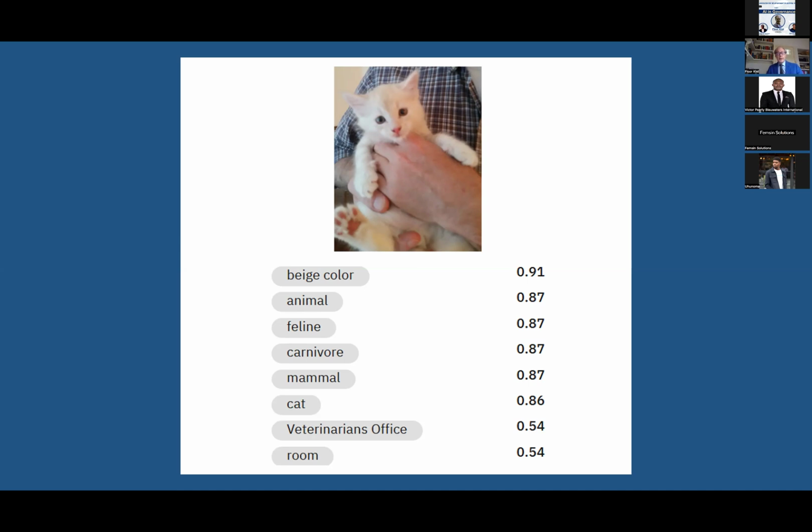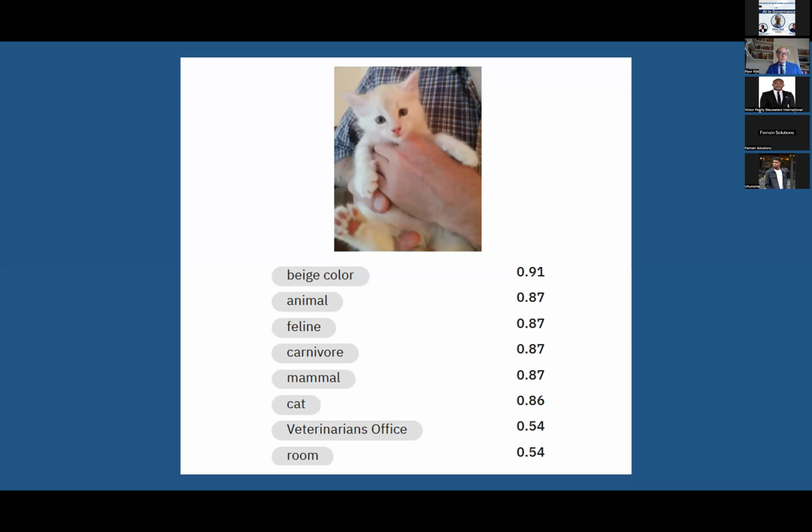The one that I am interested in most, and which triggered me as the actual idea of intelligence, is almost the last one. It's called veterinarian's office. And the reason that I thought this was important and interesting is because if you would look at websites in the United States, particularly, chances are that you would find someone holding a cat, and that would be a veterinarian.